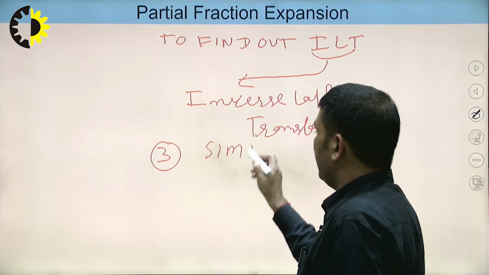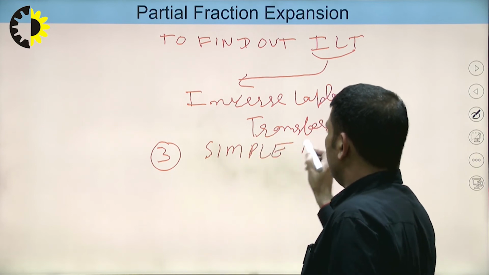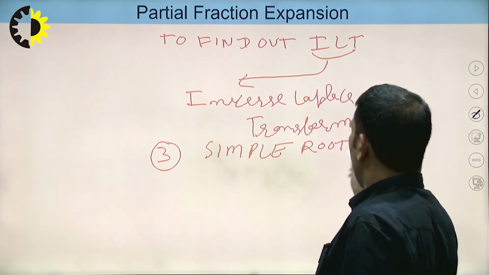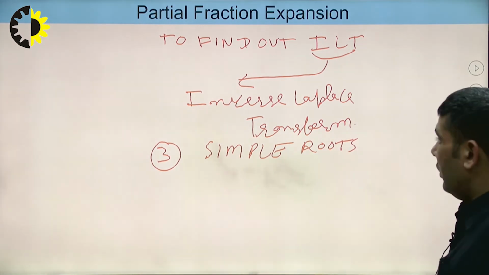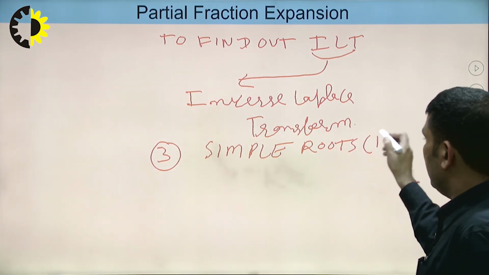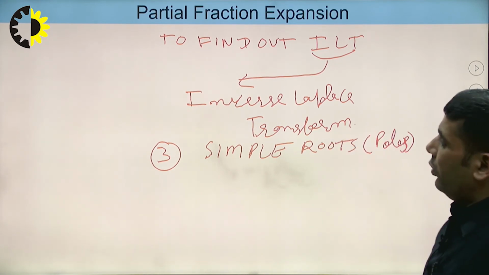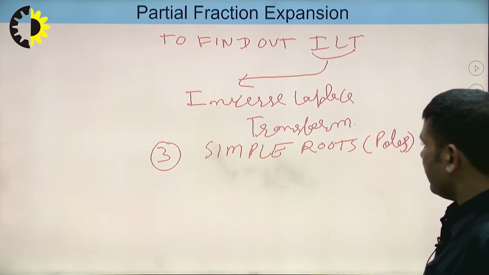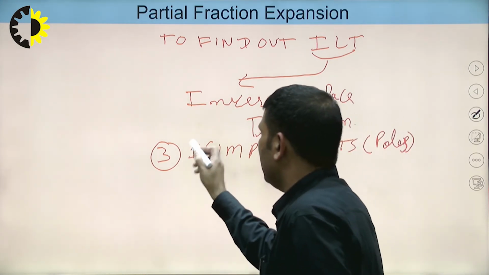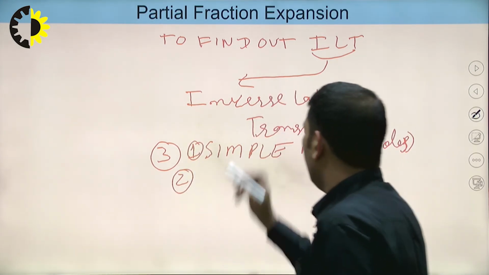Simple root case. Here I am discussing the poles, that is, the roots of the denominator polynomial. This is the first case. The second case is when the roots are multiple.